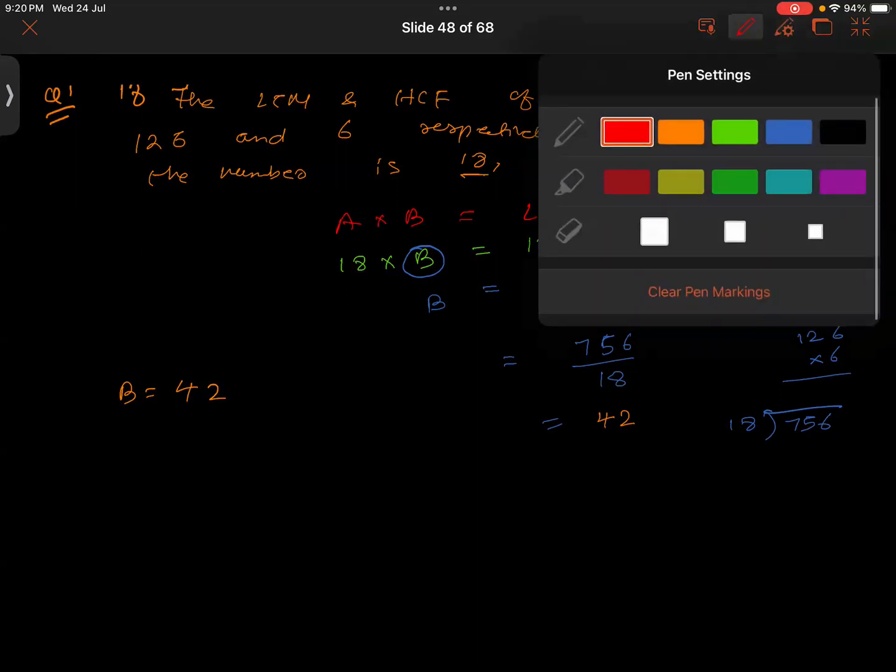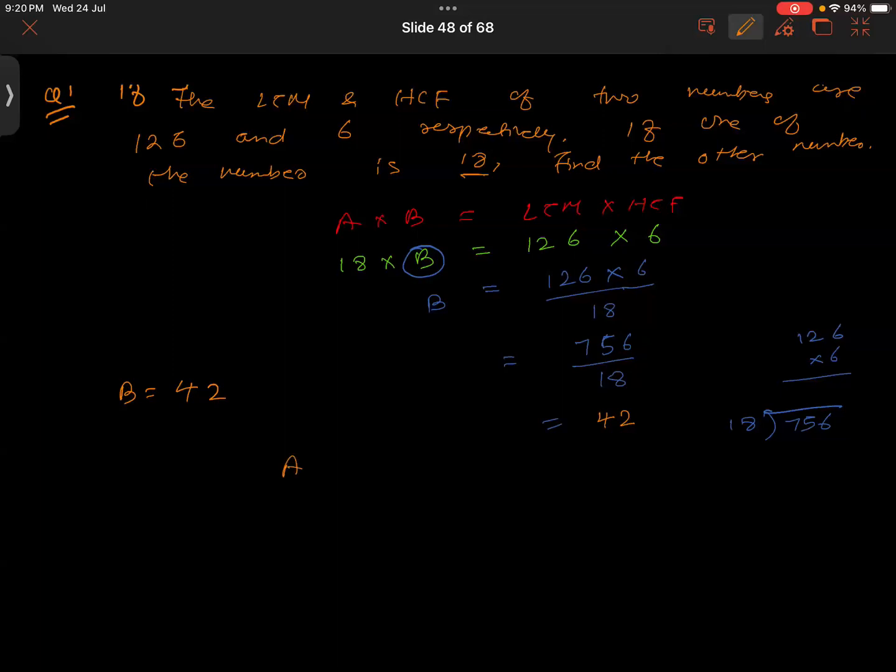Okay, Habib. So let's verify it also. A times B equals LCM multiplied by HCF. 126 times 6, and here A was 18 and just now you have found B to be 42.